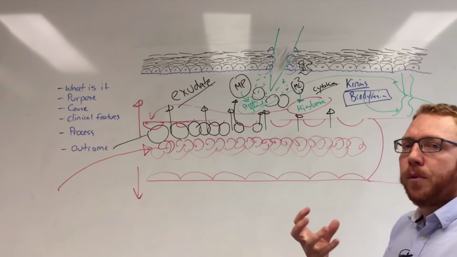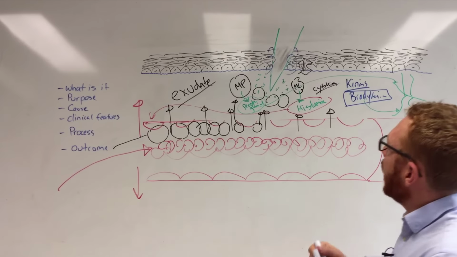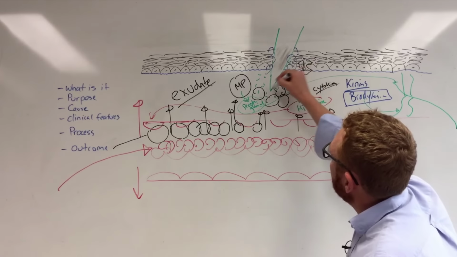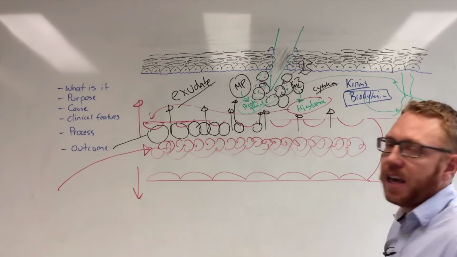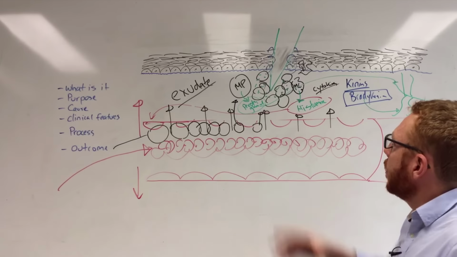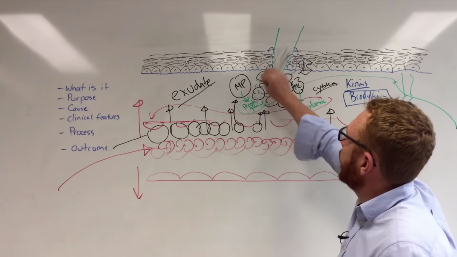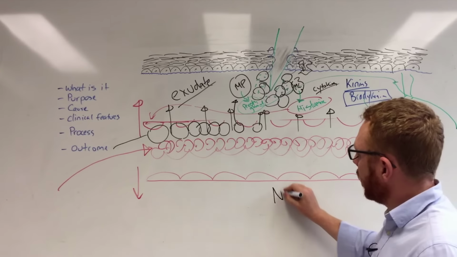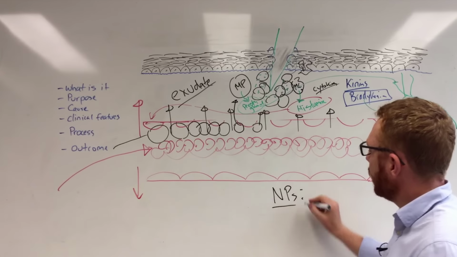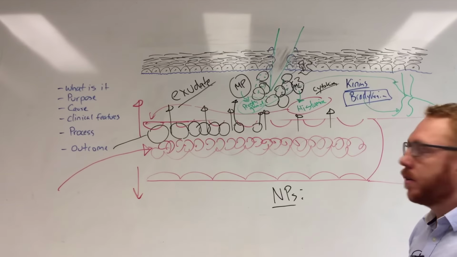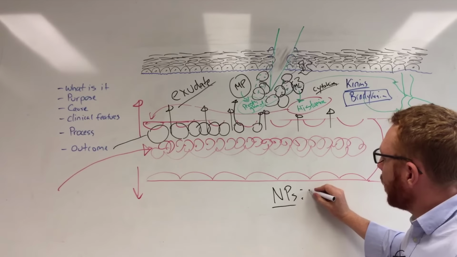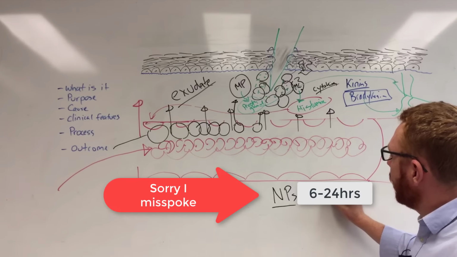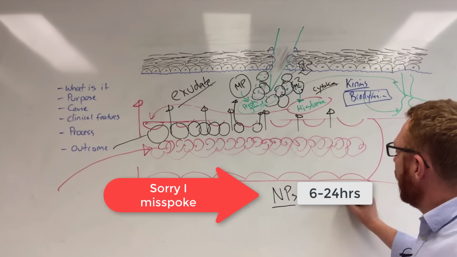Neutrophils are important because they are going to start eating up all the damaged cells and all the bacteria. So they become actually phagocytic. They start chewing up and eating up. Now neutrophils are very short lasting, so they will generally come on the scene between 24 to 48 hours.